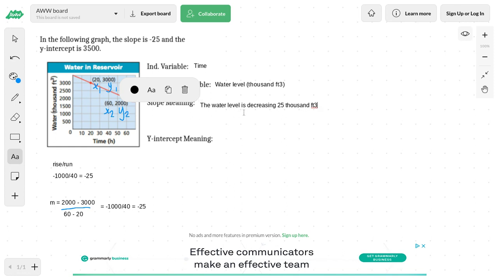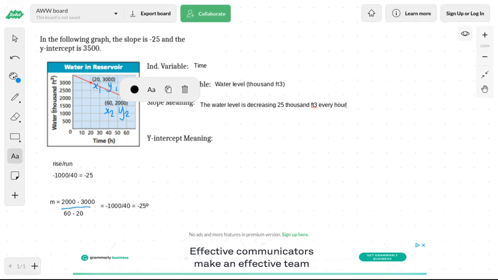So it's decreasing 25,000 feet cubed every what? Every hour. Since it's negative 25 technically over 1, we're going down 25,000 feet cubed every 1 hour. Okay, so I've given the actual slope, the number, as well as explaining it in the context. The water level is decreasing 25,000 feet cubed every hour.